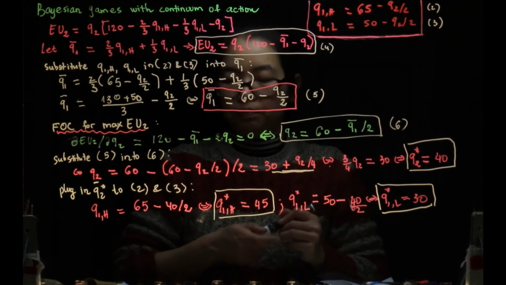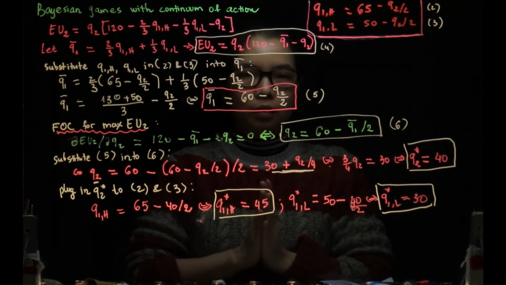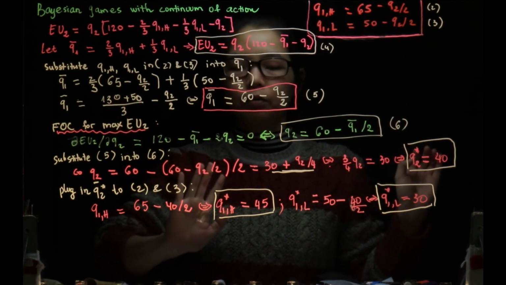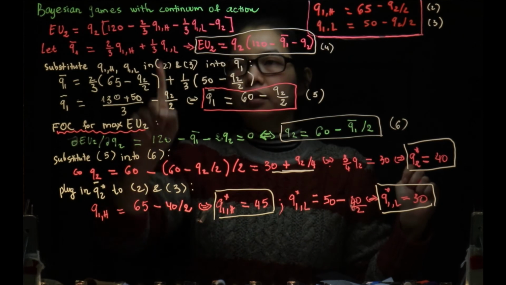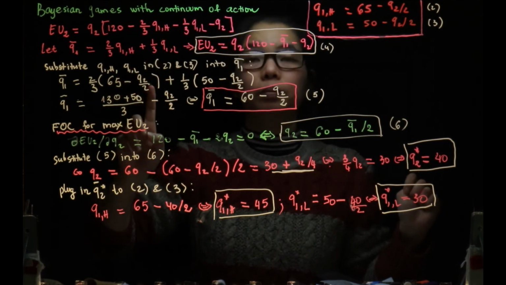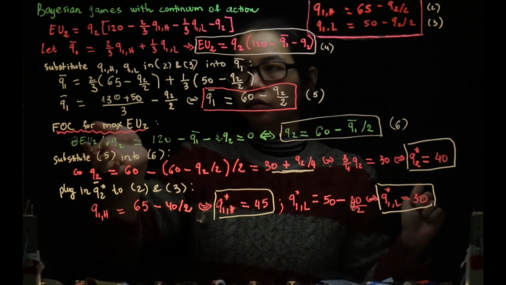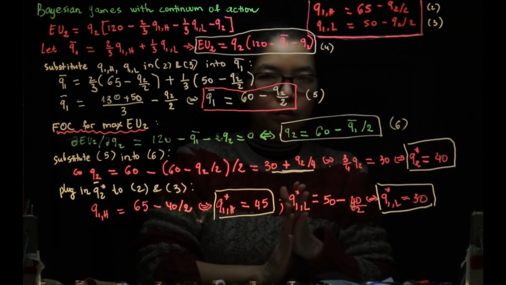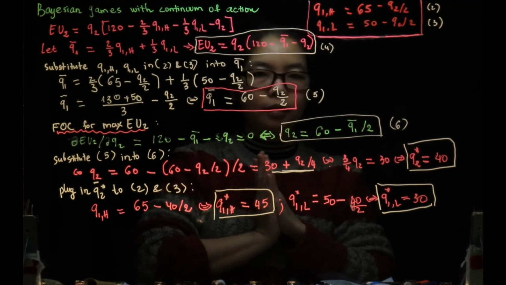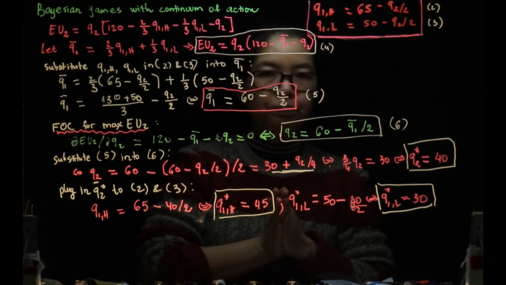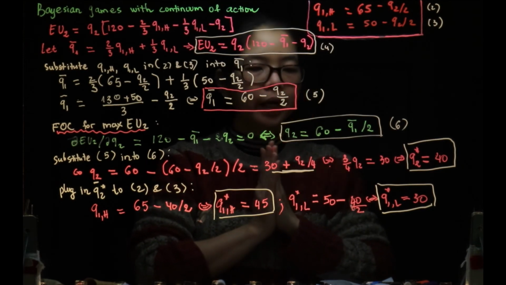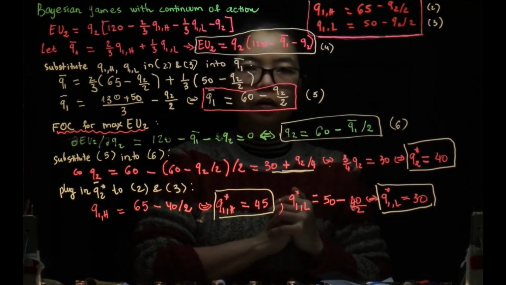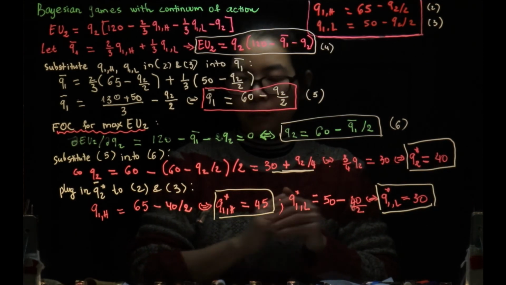How to interpret this? Given this setup and this probability, the belief that player 2 has about the type of player 1, his best responses are at the Bayesian Nash equilibrium. He should have 40 ships placed on a common area.